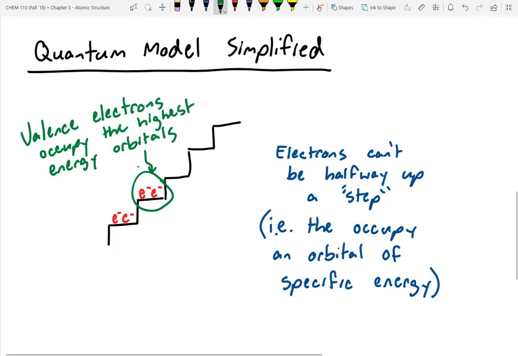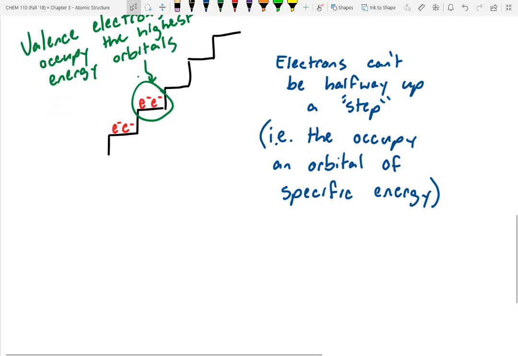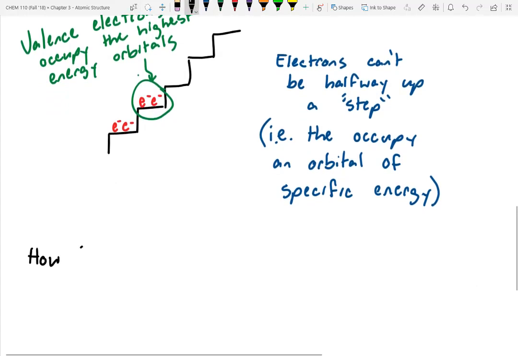All right, so now I'll show you a simple trick for determining the number of valence electrons. These are the ones we care about.